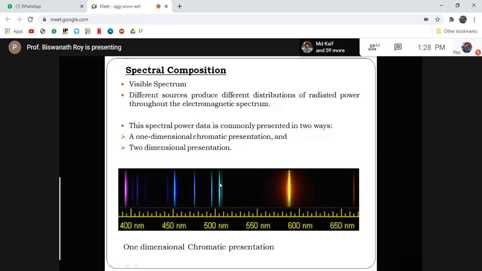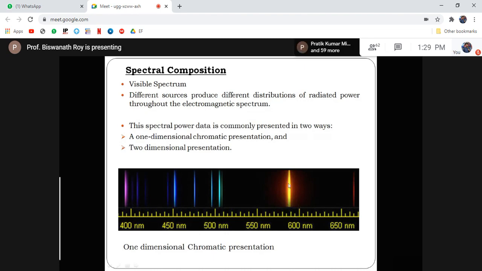The beauty of our visual system is that we can perceive different wavelengths as different colors. Again I repeat, we can perceive different wavelengths as different colors.